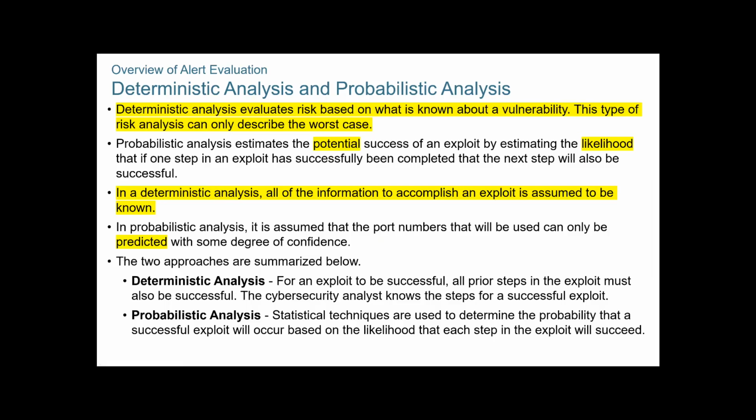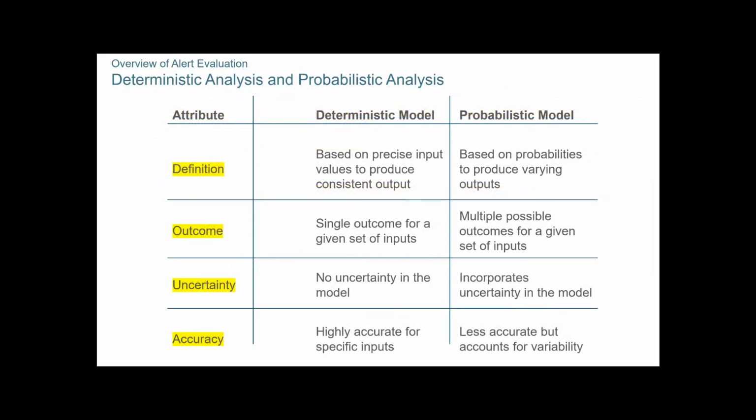And you're using stats, you're using past data to determine that probably maybe an exploit may occur because it's happened before in this particular situation. But deterministic is much more finite than the probabilistic analysis. So those two terms, you need to have those straight in your mind. But this is kind of common sense.